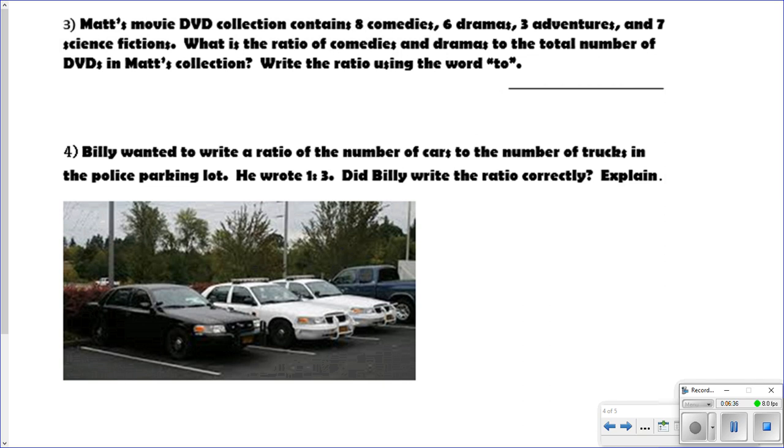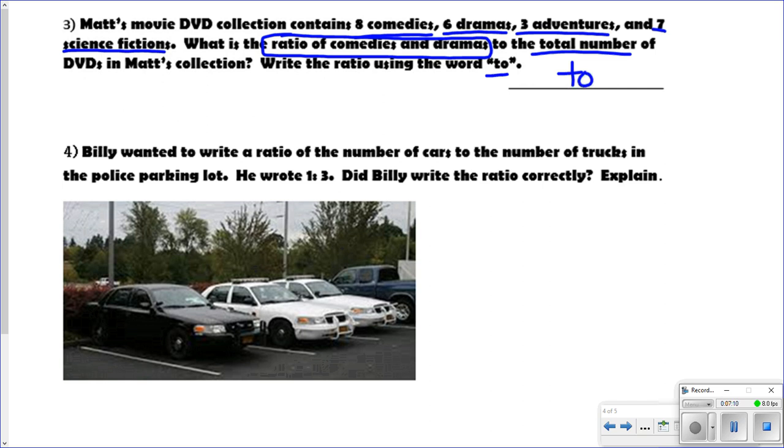Next, Matt's movie DVD collection contains 8 comedies, 6 dramas, 3 adventures, and 7 science fictions. What is the ratio of comedies and dramas to the total number of DVDs in Matt's collection? Write the ratio using the word "to." So this question is very specific on how I'm writing the ratio. I don't need all 3 ways. I only need it once, but it wants it very specifically using the word "to."